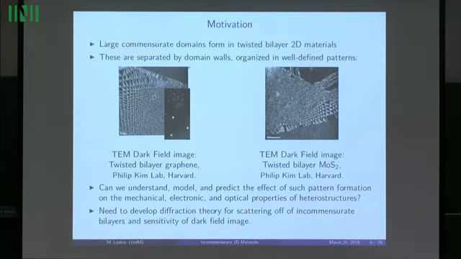Okay, so here are two images from Philip Kim's lab of twisted bilayer graphene. How do we get these? First you get a diffraction pattern. You diffract off your twisted bilayer graphene or your twisted bilayer molybdenum disulfide, and diffraction is simply taking the Fourier transform of the positions.